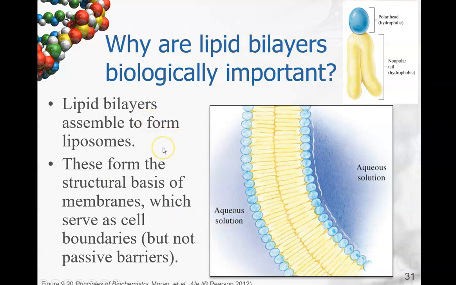This is the beginning of forming membranes. We're not there yet, because membranes consist not just of lipids but proteins too. But we can artificially make these structures called liposomes in the lab, and we can use these as a way to study how membranes behave.